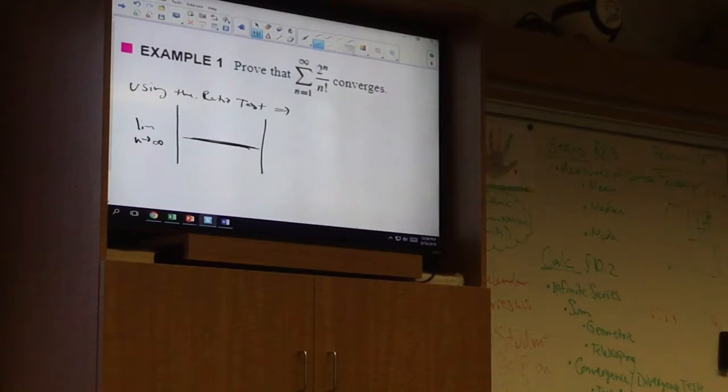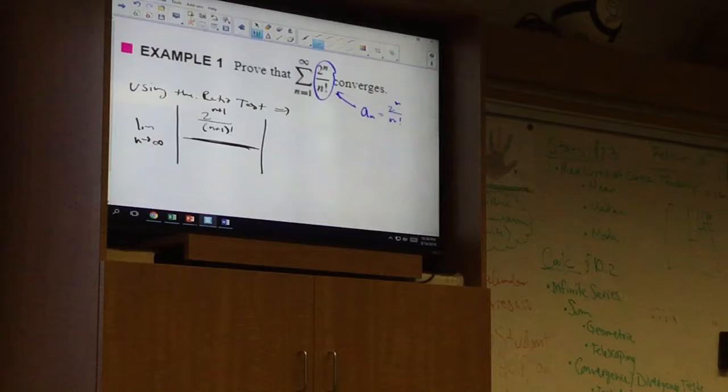I'll do this for you. A sub n equals 2 to the n over n factorial. So what goes in the numerator using the ratio test? Two to the n plus 1 over n plus 1 factorial.